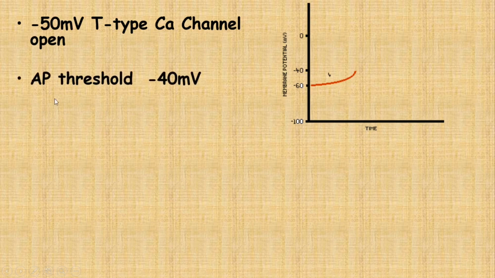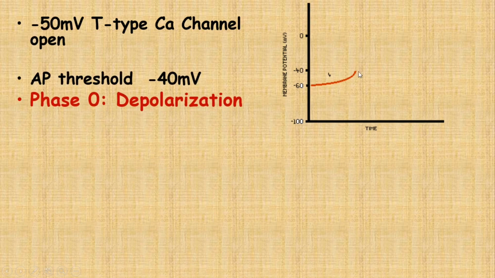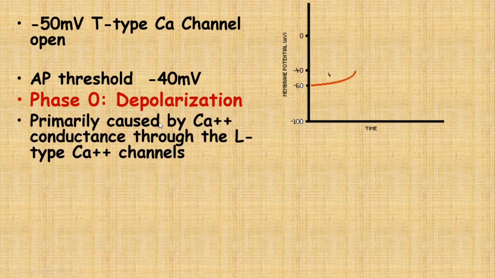Then the threshold is reached now, minus 40. Now there is the action potential formation. So the phase 0 will start now from here. That is called the phase of depolarization. It is caused by opening of the second type of calcium channel. It is called the long lasting or L type calcium channel.